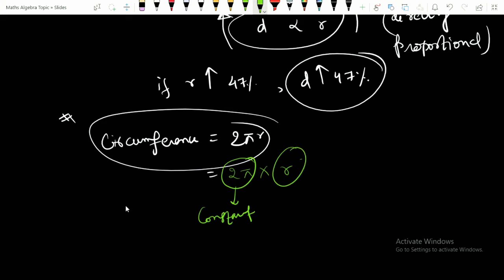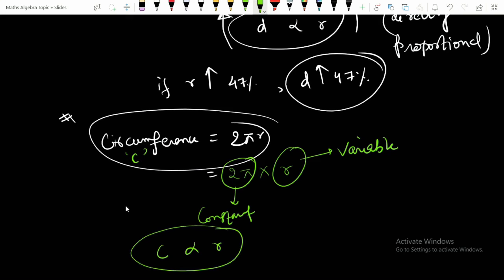Only variable is this variable. So that's why C is also directly proportional to r. So similarly, C is also increased by 47%. We can directly say like this.